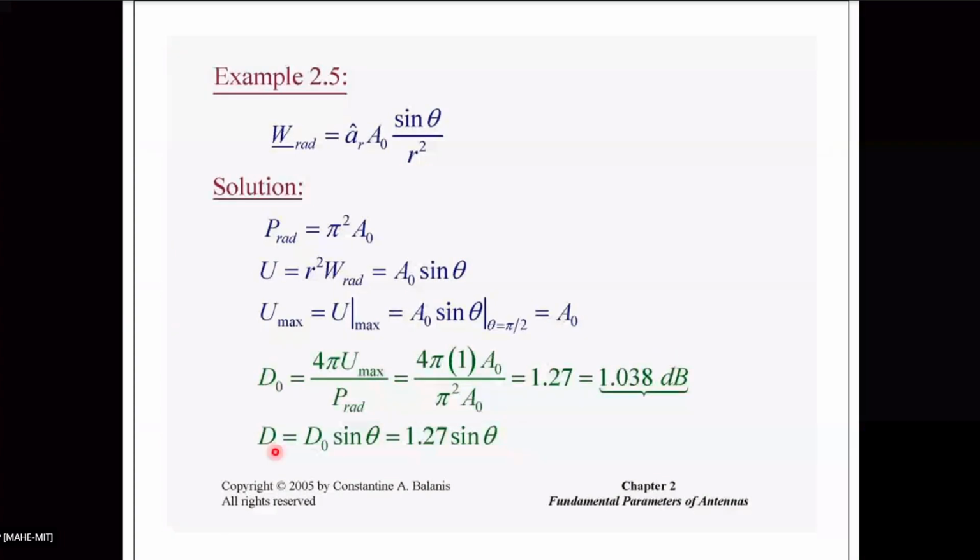So what is the expression for D in any arbitrary direction? It is D naught sin theta. Why D naught sin theta? Because D is given by 4 pi U by P_rad, and U is A naught sin theta.